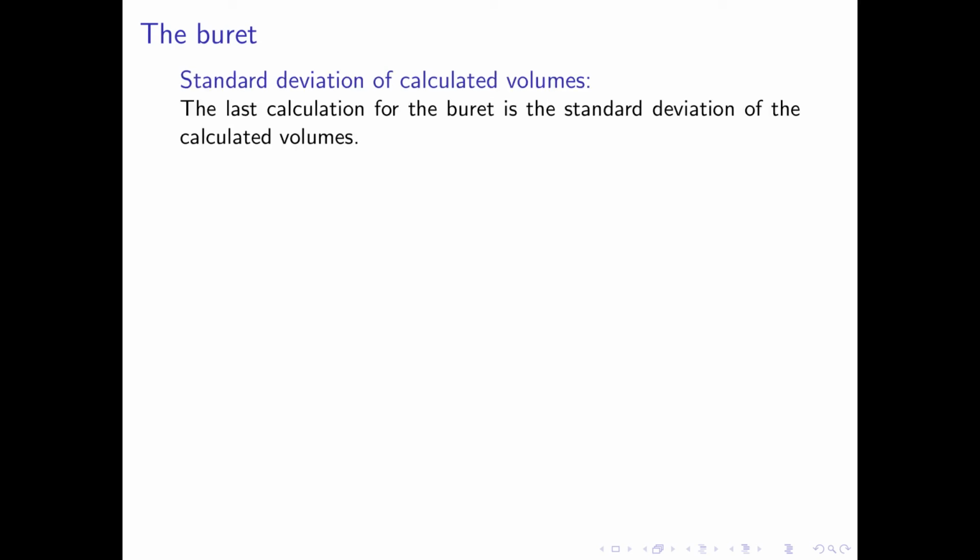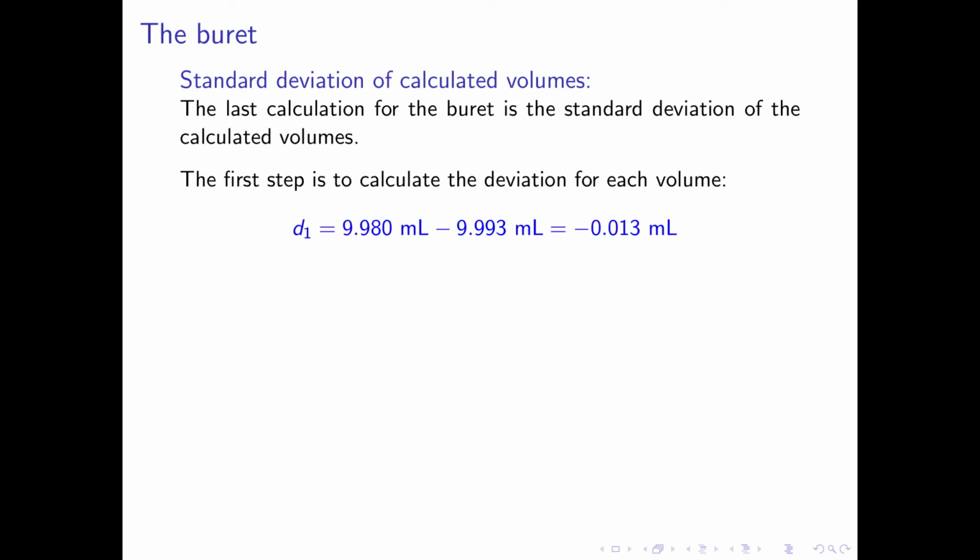Lastly, we can now determine the standard deviation of the volumes delivered. As before, we begin by calculating the deviation for each of the volumes. For the first measurement, we get 9.980 milliliters minus the average of 9.993 milliliters, or negative 0.013 milliliters.